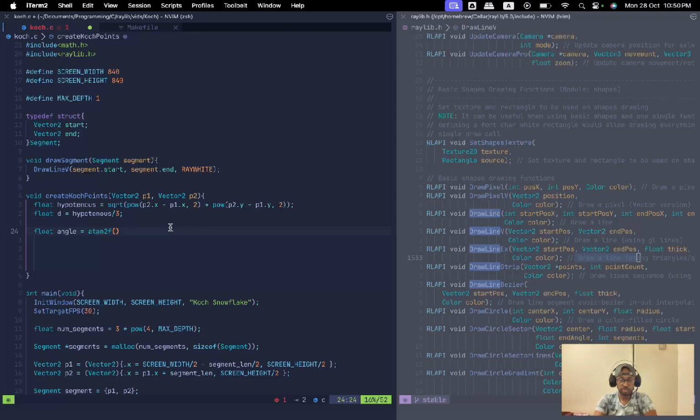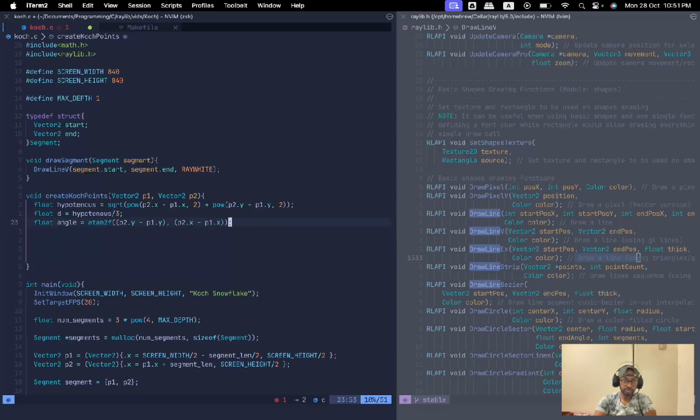The height of the triangle is P2.y minus P1.y, and the width is P2.x minus P1.x. So this is our angle.